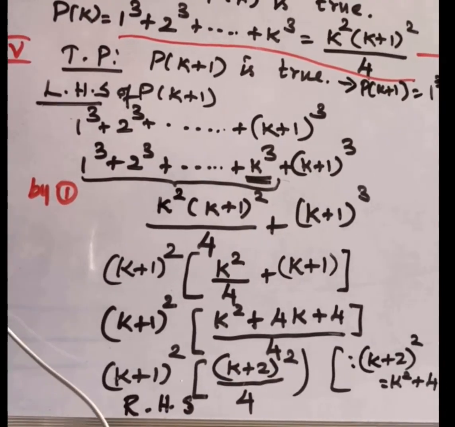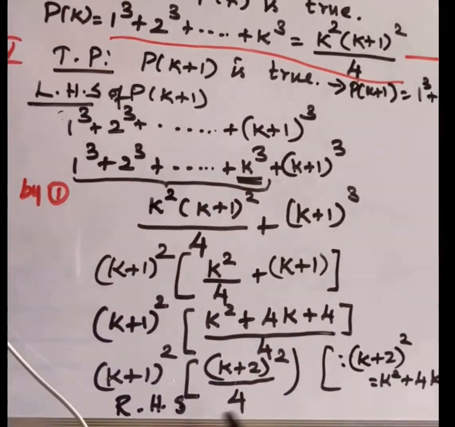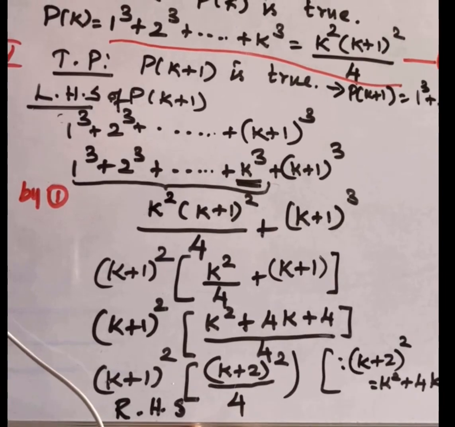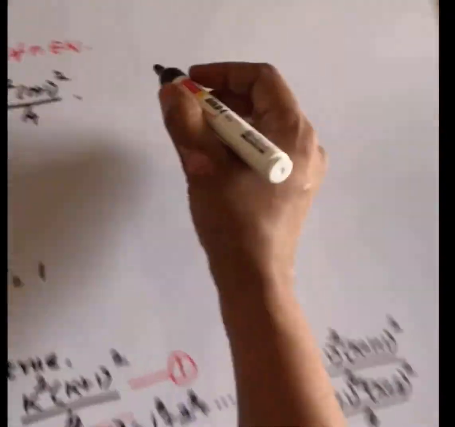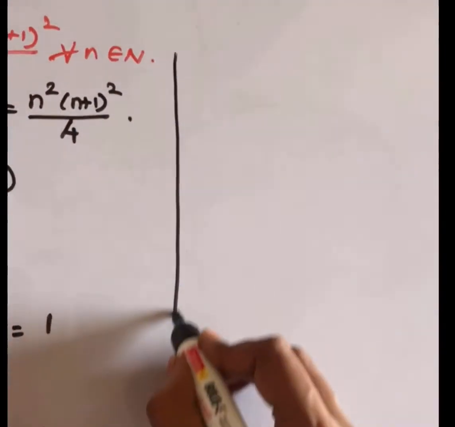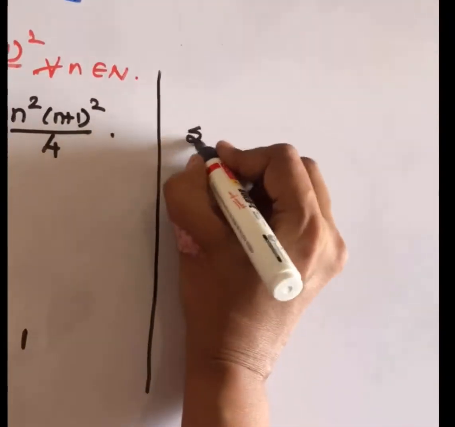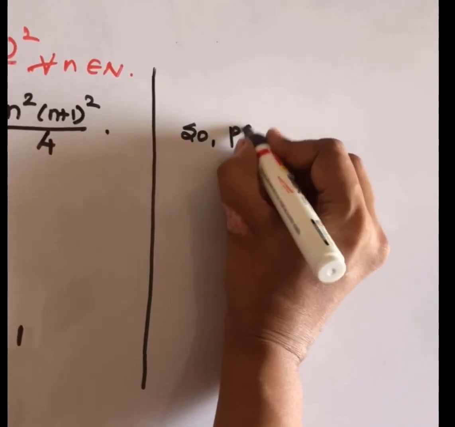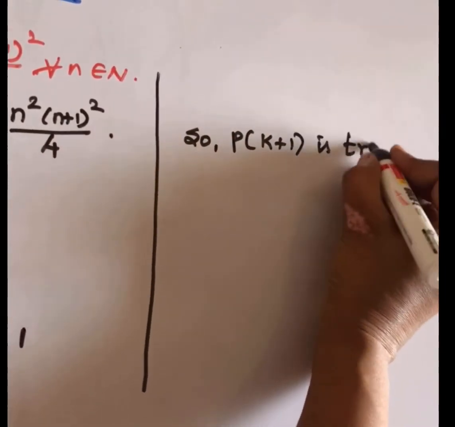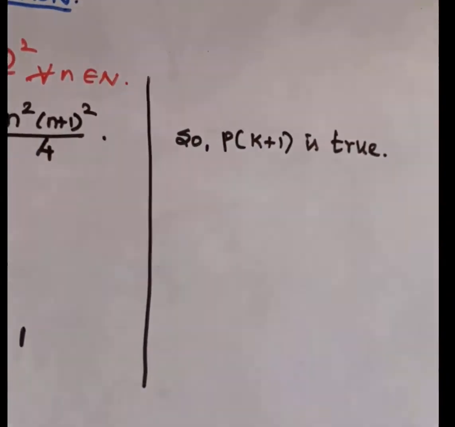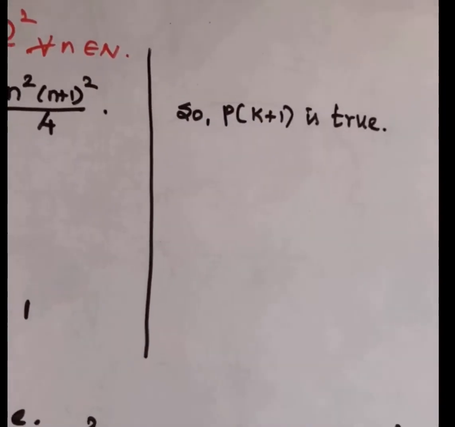So from left hand side we have brought the expression which is on our right hand side. So P of k plus 1 is true. Our last step is also concluded.